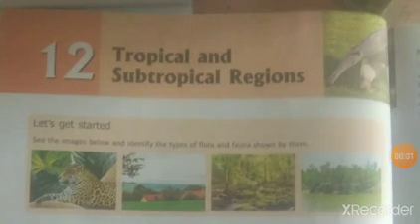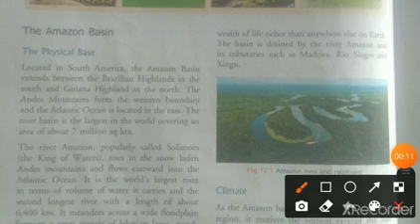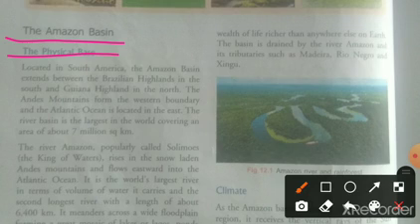Here is our chapter 12, tropical and subtropical region. Let's see the first point. It is given about the Amazon basin, which I have already told you, and the first point is the physical base. So let's start the chapter. Located in South America, the Amazon basin extends between the Brazilian highland in the south and Guianan highland in the north.